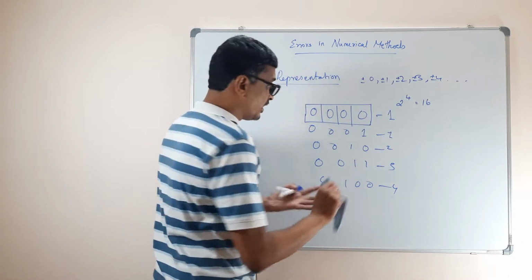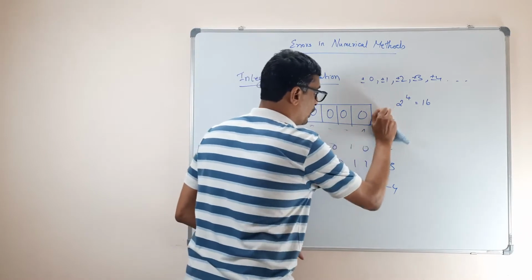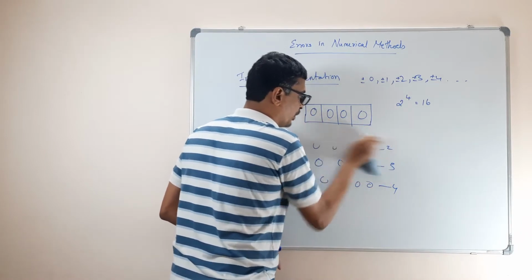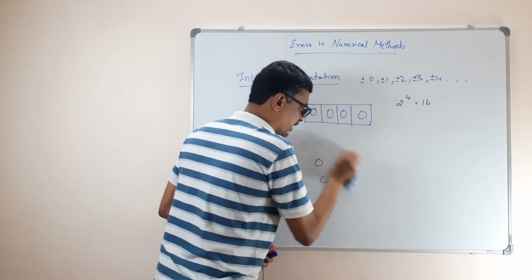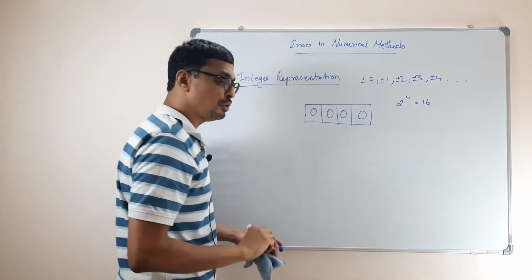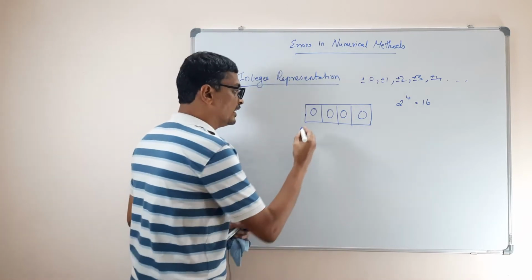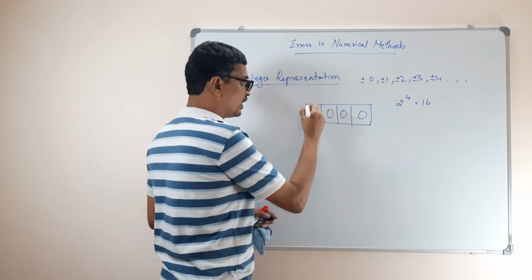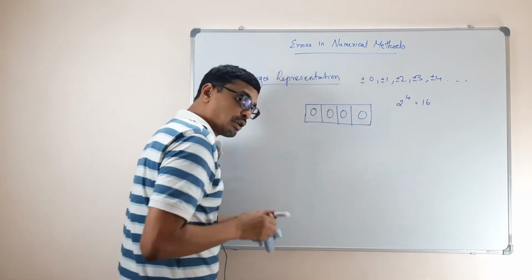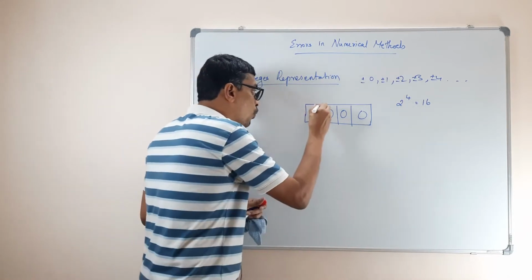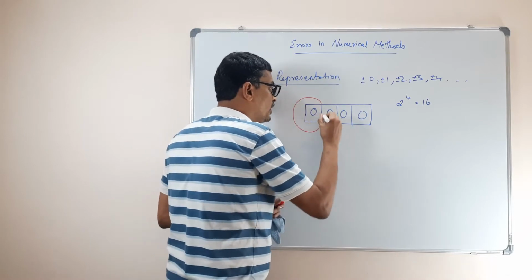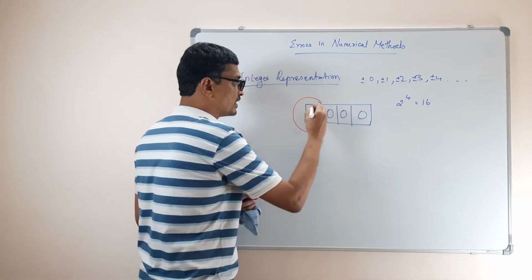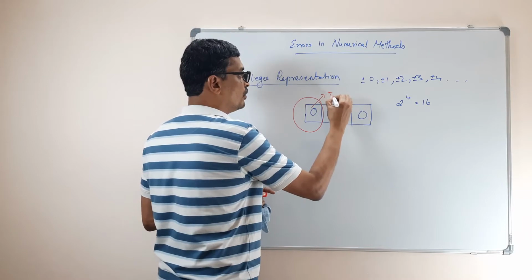8. Correct. So when you have these 4 bits, and suppose you wanted to represent a signed integer using these 4 bits, that means you are going to allocate 1 bit for the sign. Am I right? So this represents whether it is positive or negative.